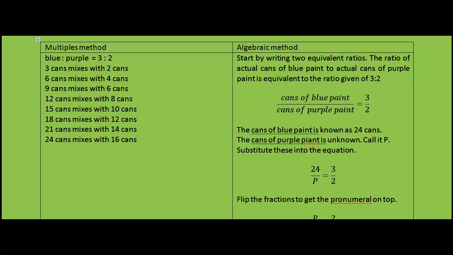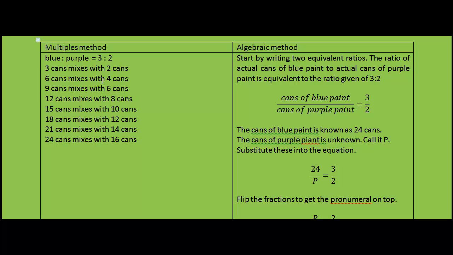In the multiples method, we know that the blue to purple ratio is 3:2. If we simply started with thinking about getting 3 cans of blue paint, then we would need 2 cans of purple paint. If we then double this, we would need 6 cans of blue paint and 4 cans of purple paint.